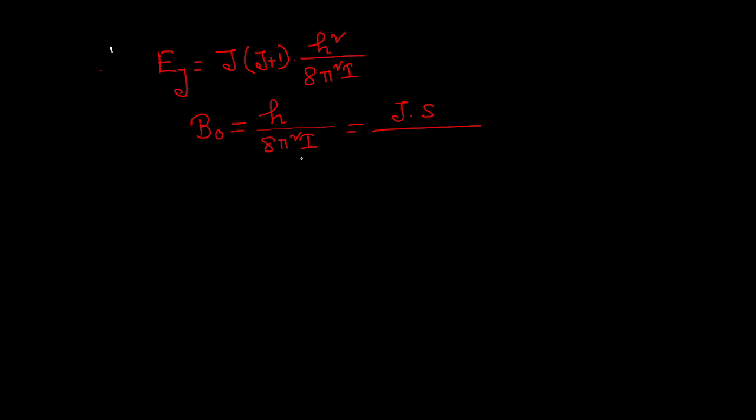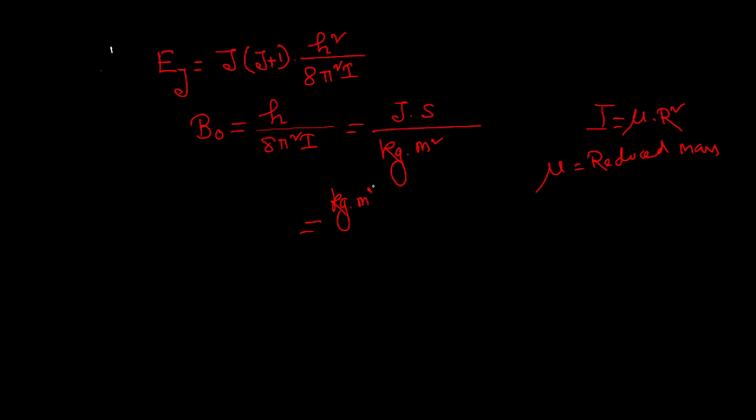I is nothing but mu times r square, where mu is the reduced mass, with unit kilogram, and r is the distance, in meters squared. Now the joule is kilogram meter square second to the power minus 2.